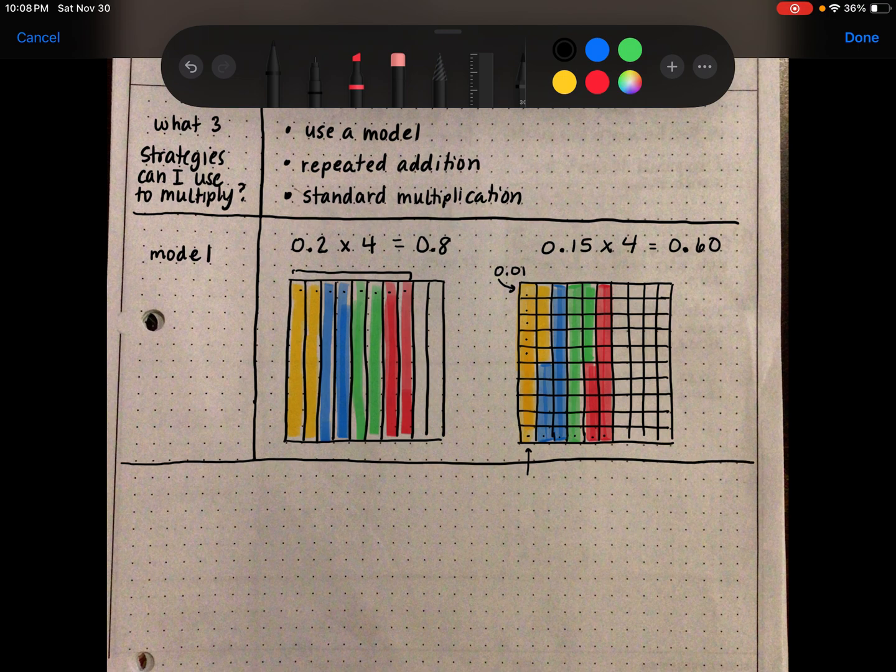So that is how you can use a model to multiply by whole numbers. The second strategy that we're going to talk about is repeated addition.